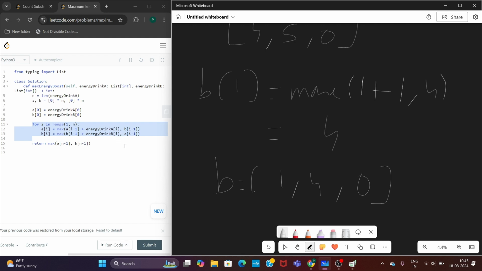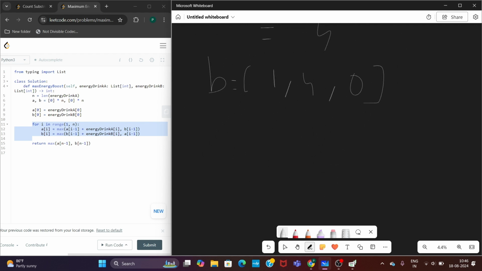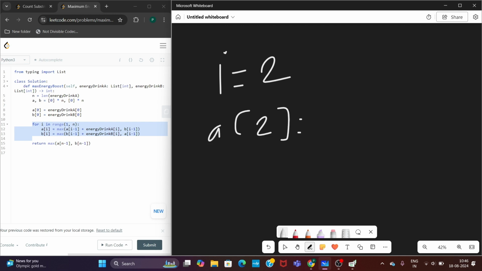Then again moving forward to iteration number 2. My iteration number 2 will be A of 2. A of 2 is what? Maximum of A of I minus 1.